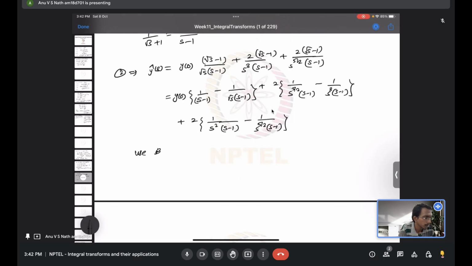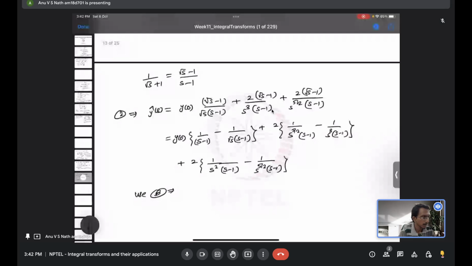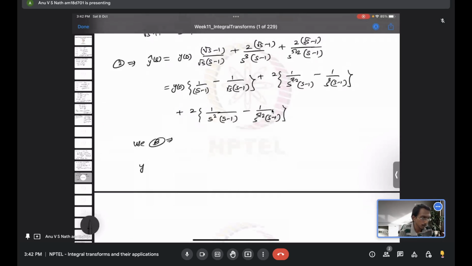So the E integral can be used to express the inverse Laplace transform of all the terms here. And if you try that, the simplified version of the E integral is that for certain values, it will reduce to the error function in its complementary form. So for our solution, if you substitute everything, you will find y of x, which is basically the Laplace inverse of y cap of s.